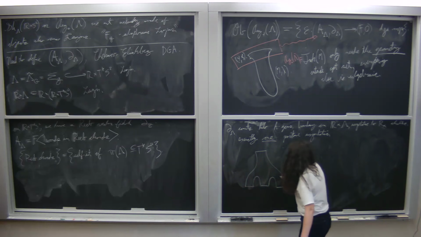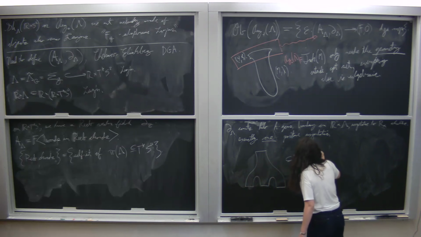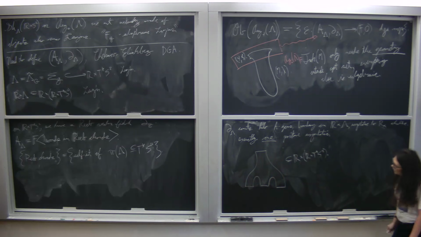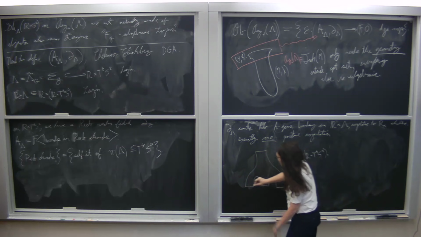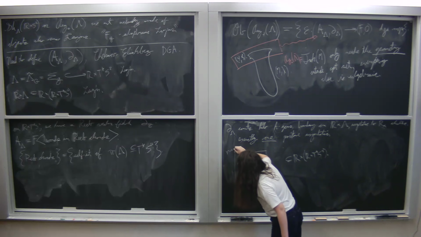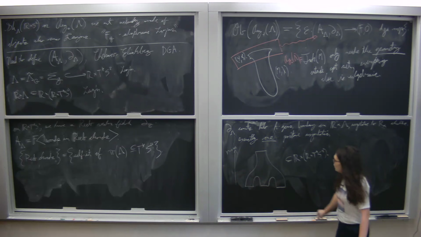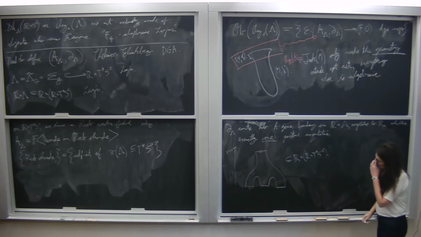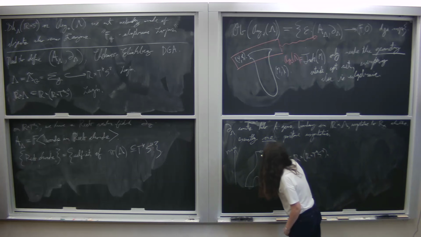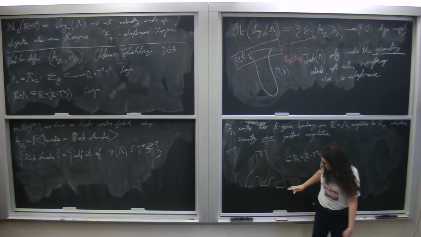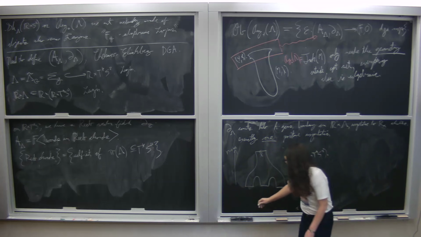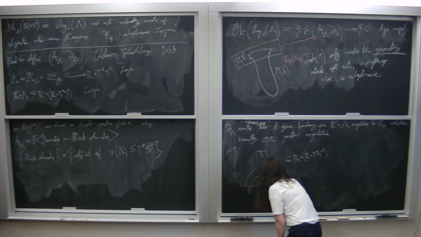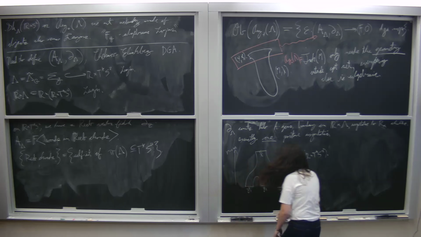And so this is mapped, so this is inside R cross T star S2, and as R goes towards infinity, we're going to get that this is now limiting to some chord, let's maybe call it X. And then I can have arbitrarily many negative asymptotics, which are going to say Y1, Y2, and Y3.